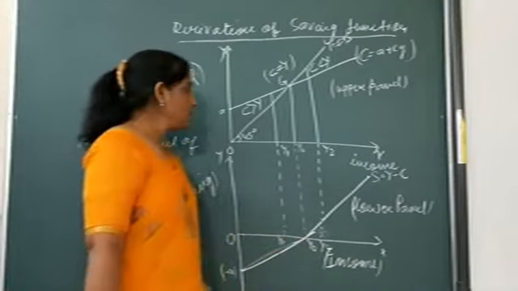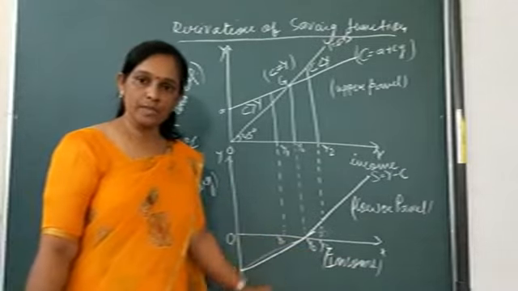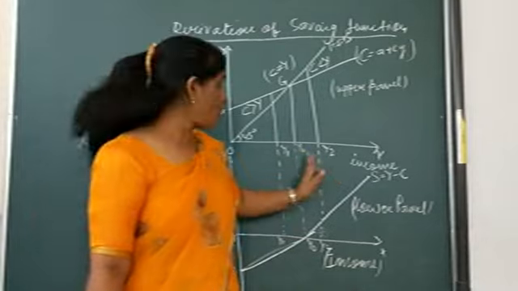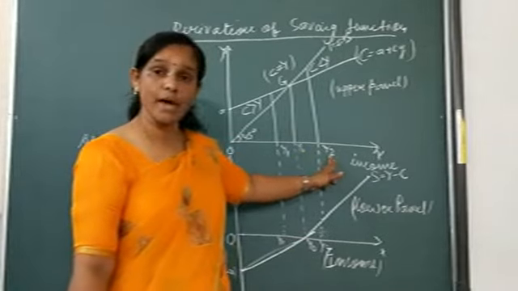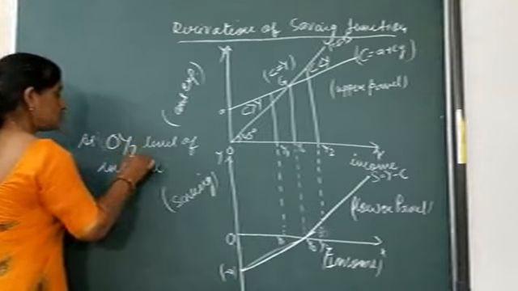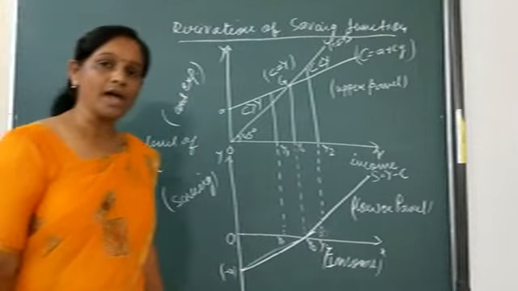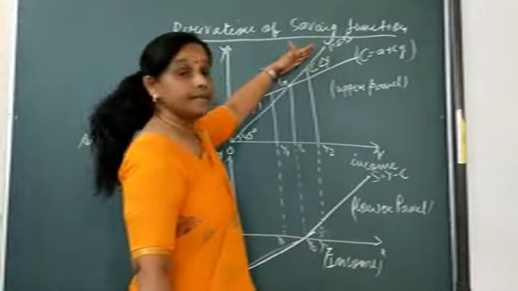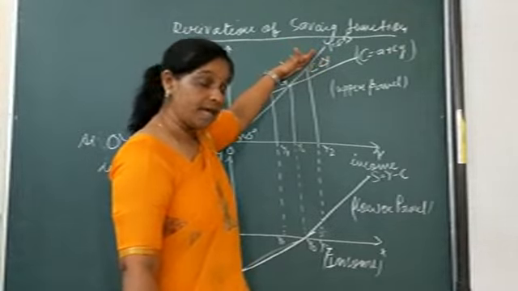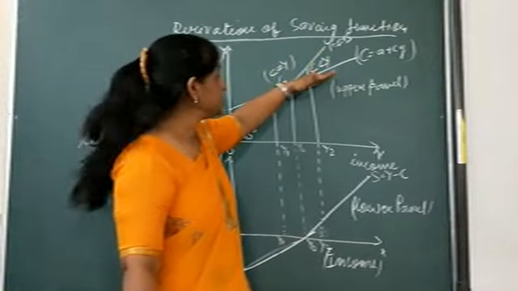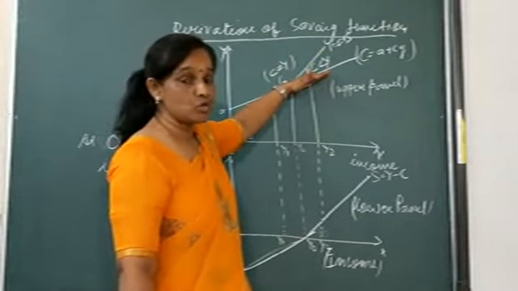Full stop. We have explained OY naught. Now, we need to explain the next one. Now we will explain OY2. So write down at OY2 level of income. What is the condition? The level of income is greater than the desired consumption expenditure.